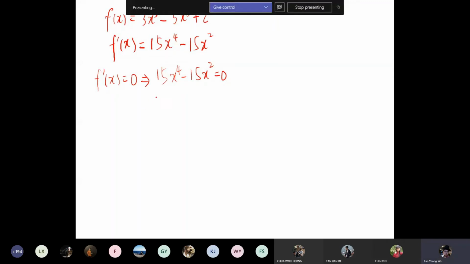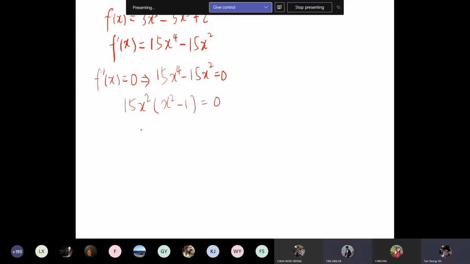Right, so after that, what should I do here? Simplify. So I factorize out the x squared and 15. Take out the 15 and take out x squared. So I have x squared minus 1, right?